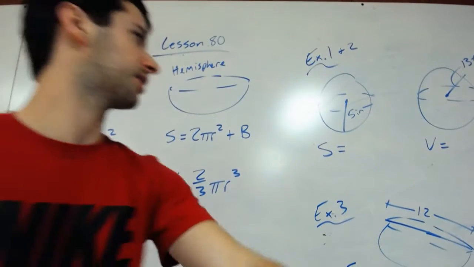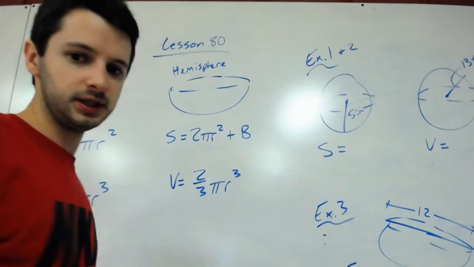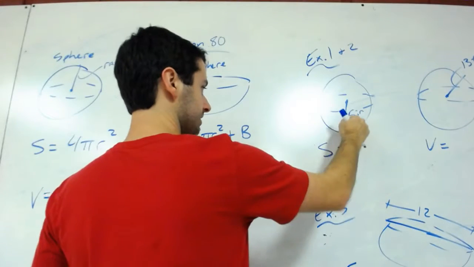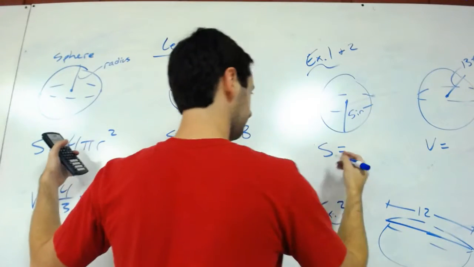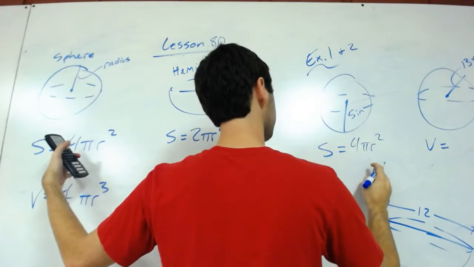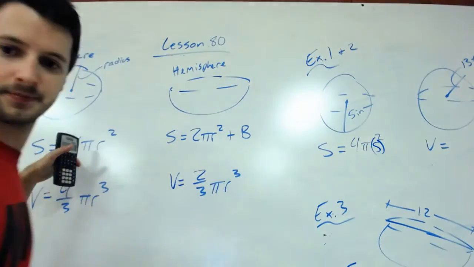Kind of combine example 1 and 2 because the math is really easy. Example 1, a sphere with a radius of 5. So we know our formula is 4 times pi radius squared. So we simply plug in 5 for our radius. And then we solve.